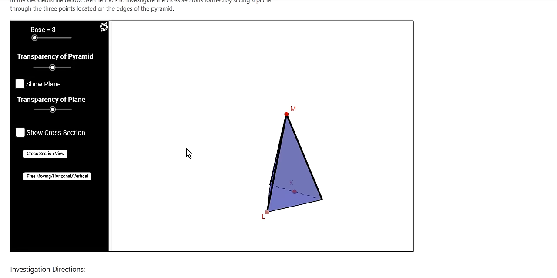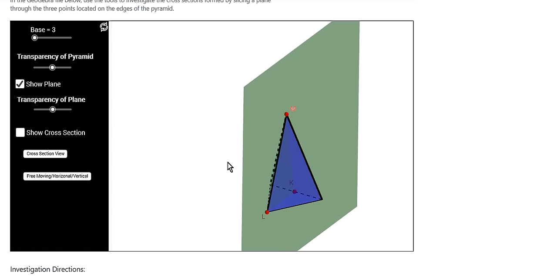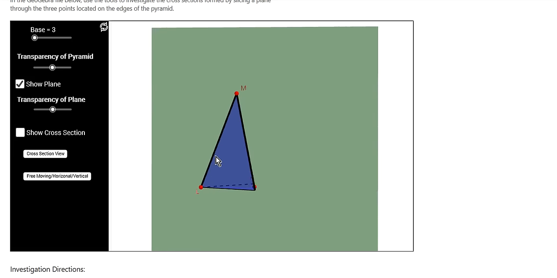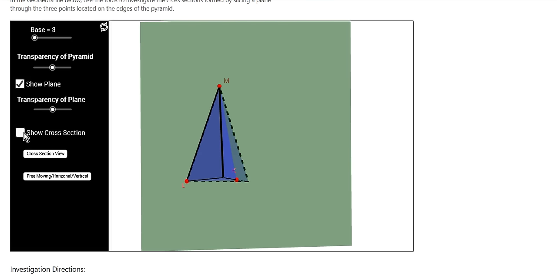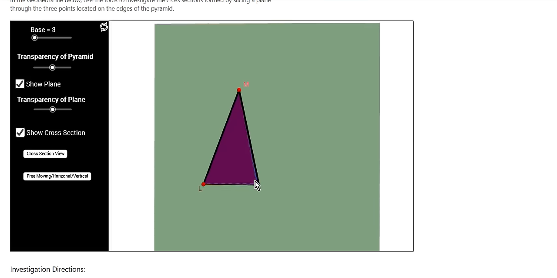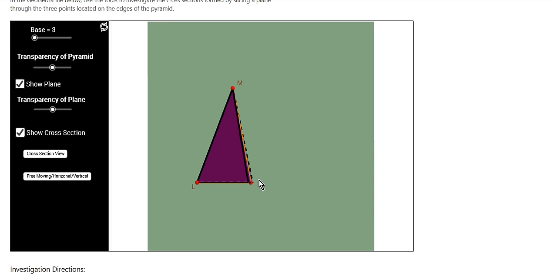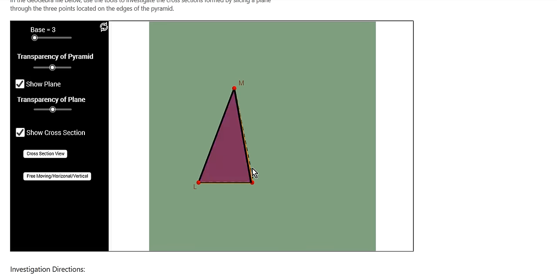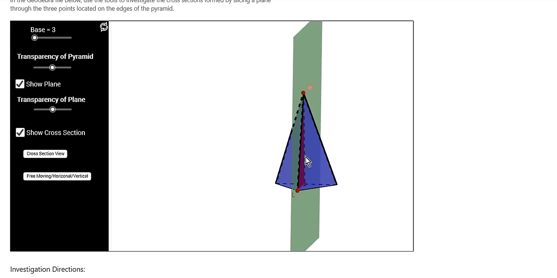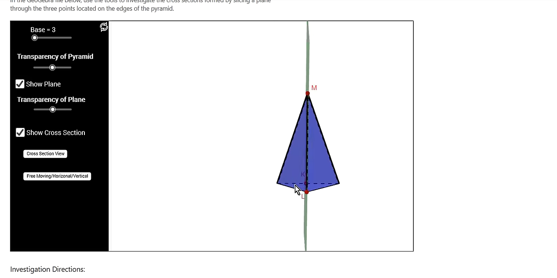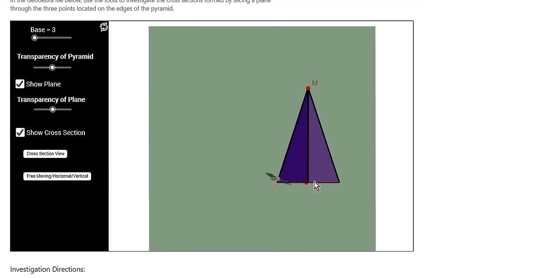The altitude should stay somewhere here. So there goes your plane. Okay, now let's take a look at the cross section. What is the cross section? Cross section is a triangle. Okay, so you see that the cross section that contains the altitude is somewhere there. See the altitude right there? The cross section is a triangle.